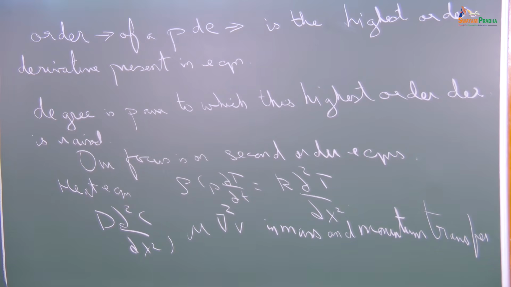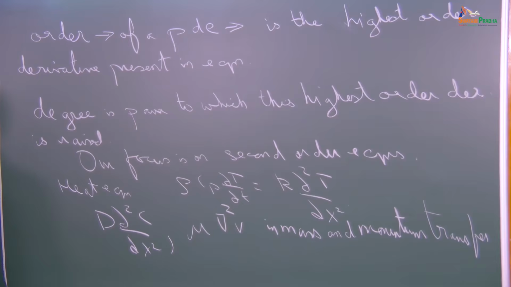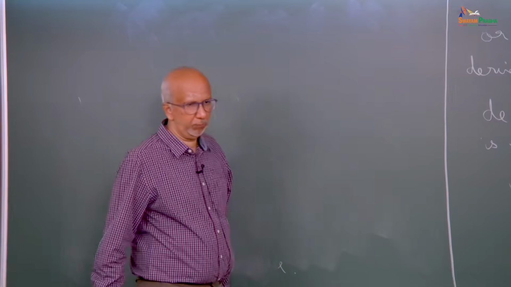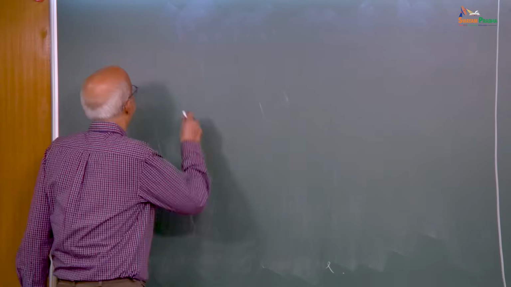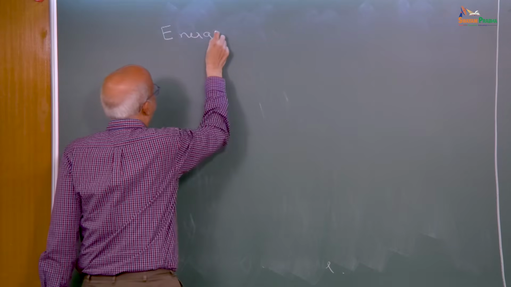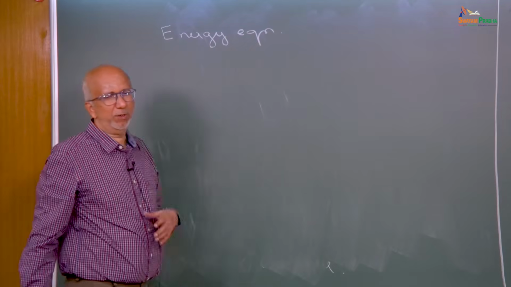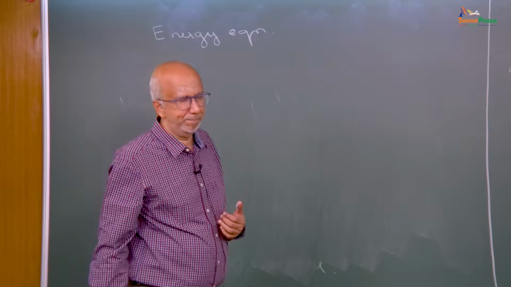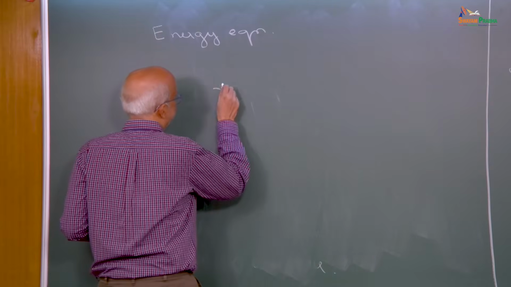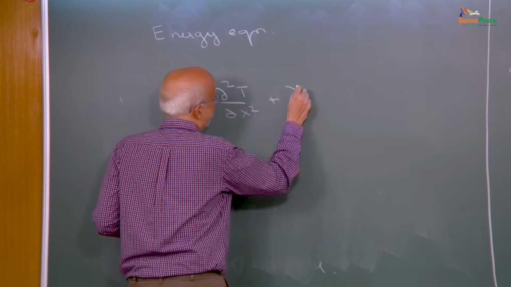Whenever you have a differential equation, I will begin with an example. Now, I am going to talk about, let us say, the energy equation. We are talking about temperature, and I am going to say this equation is of this form.